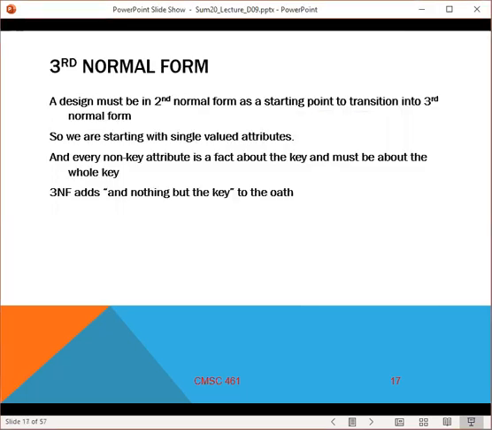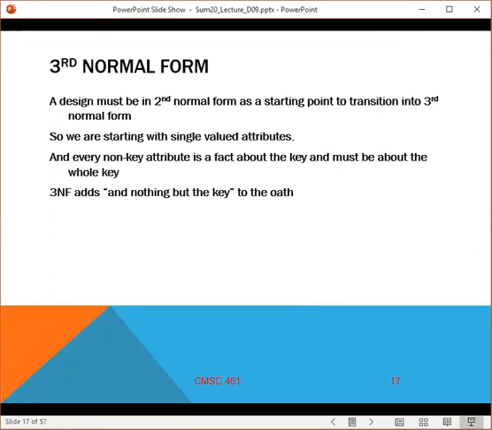And now for the final phrase in our ditty, and nothing but the key. So every non-key attribute must be determined only by the key and not by any non-key fields. To correct the problem, we make a new table to eliminate such transitive dependencies.